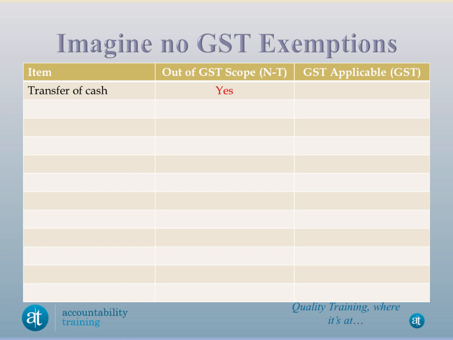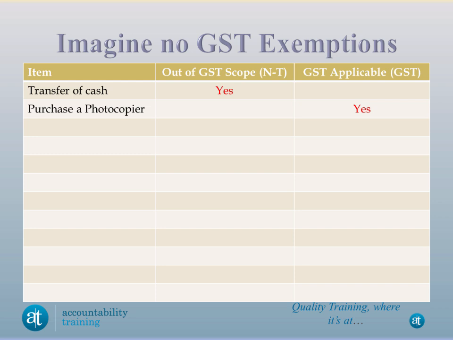Okay, so let's take a look at some examples. A transfer of cash is not the supply of either goods or services, and therefore would be out of scope of the GST. The purchase of a photocopier is goods, so would attract GST.